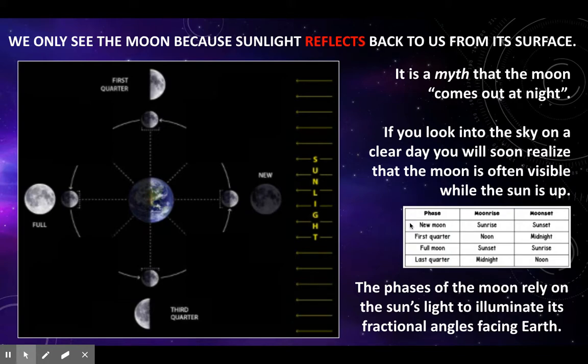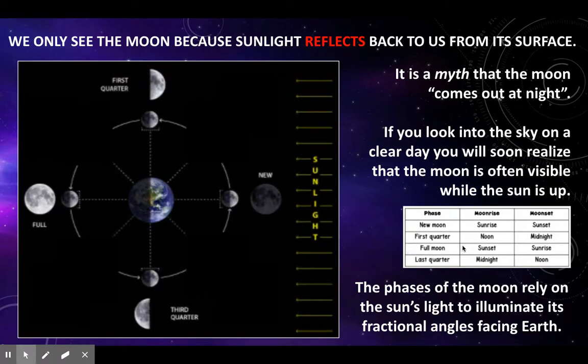All right, so we have phases, we have moonrise, and we have moonset. So the new moon, this is when we can see it at sunrise. Look in the sky on a clear day. All right, the first quarter is noon, and then the moon will set at midnight.